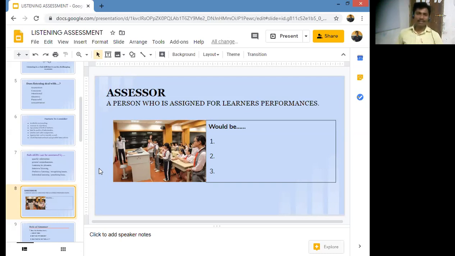Listening skill would be assessed by a person who is assigned for assessing the skill of that language. This person will be known as an assessor. He is the assessor.